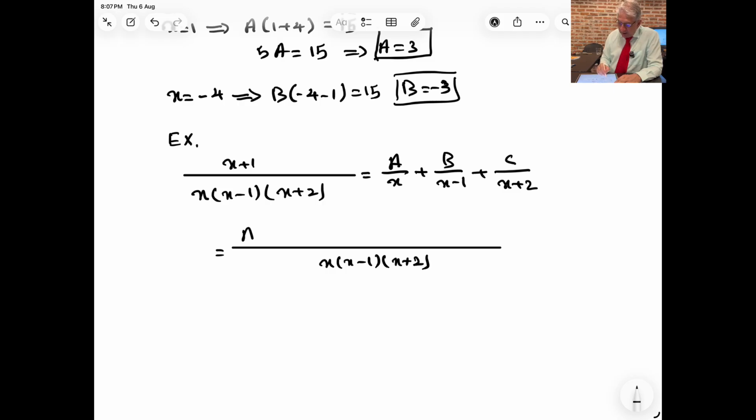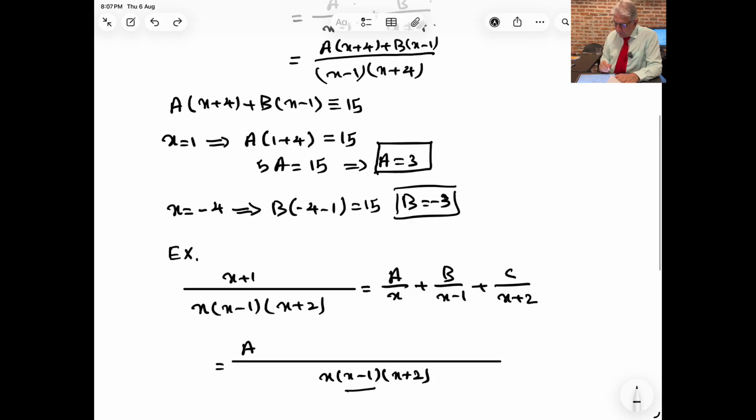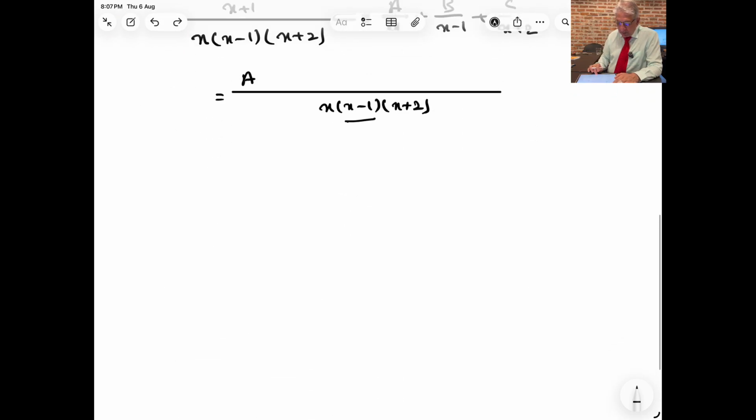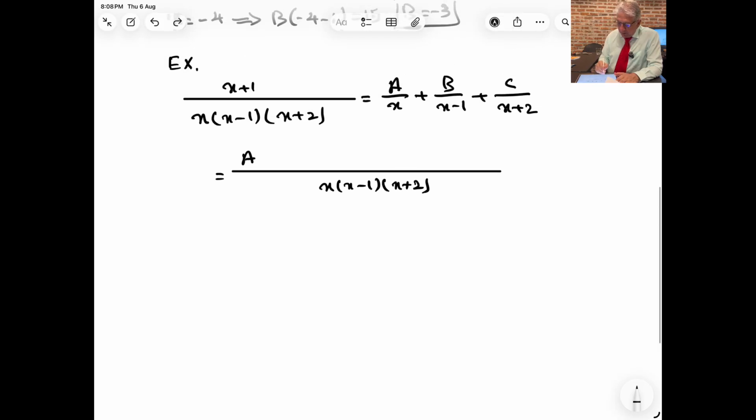Therefore, for a, to make the denominator the same, x is present in the denominator, so I have to multiply by the other two expressions. Therefore, I am multiplying a by (x minus 1) and (x plus 2).